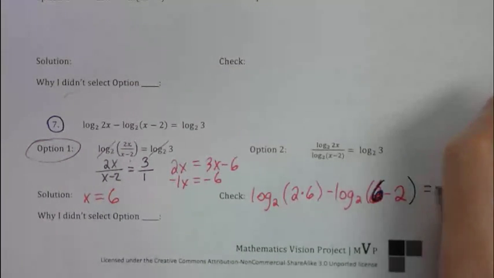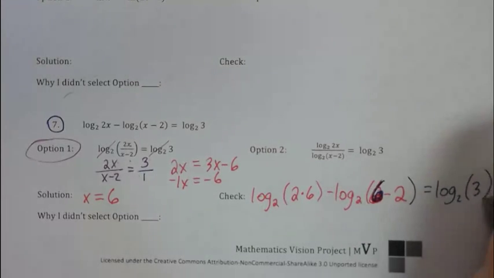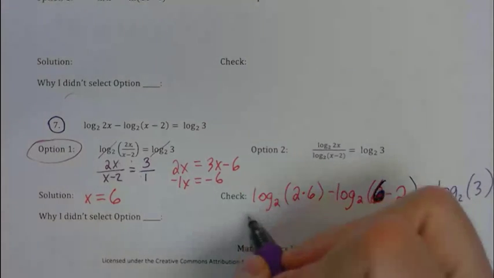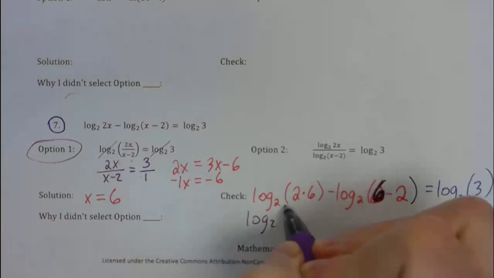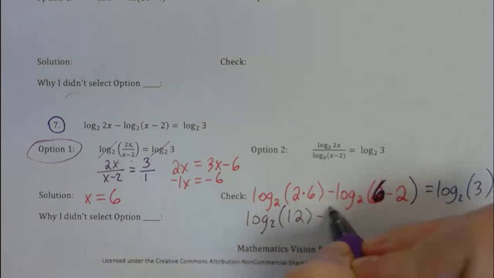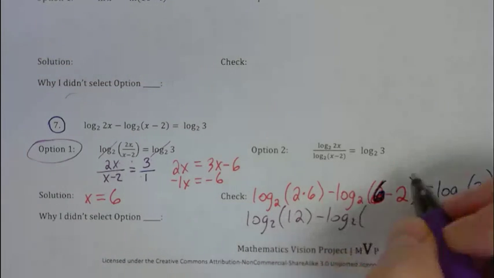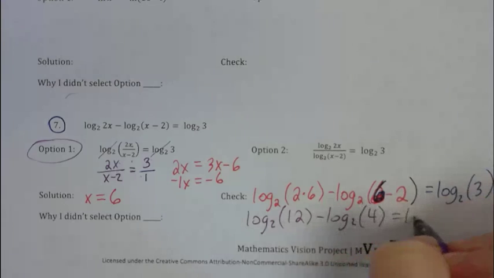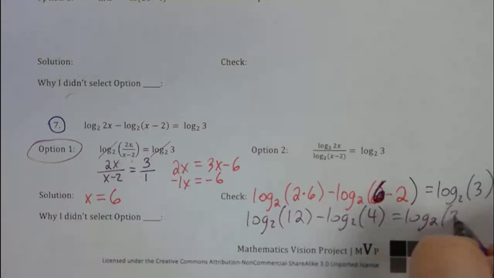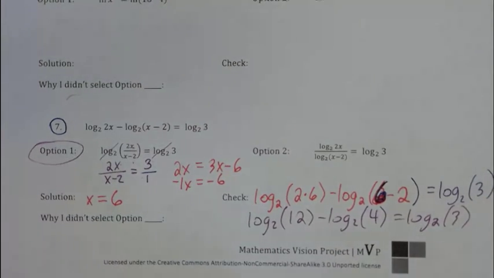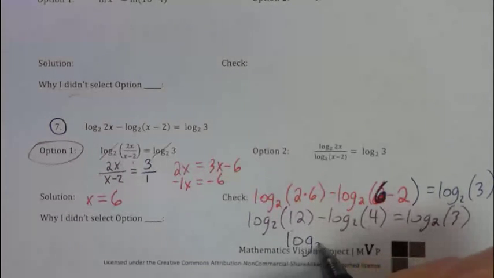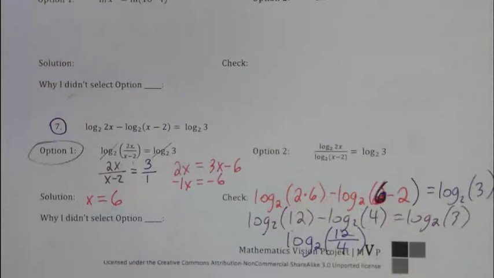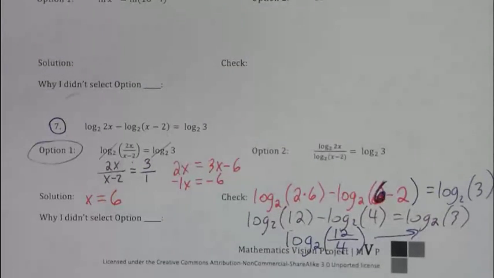And that is supposed to be equal to the log base 2 of 3. So if we rewrite that with all our simplified stuff in it, we get log base 2 of 12 minus log base 2 of 4 should be log base 2 of 3. We just need to apply our logarithm properties to put these two together into one logarithm. So that would be log base 2 of 12 over 4, which definitely equals log base 2 of 3.